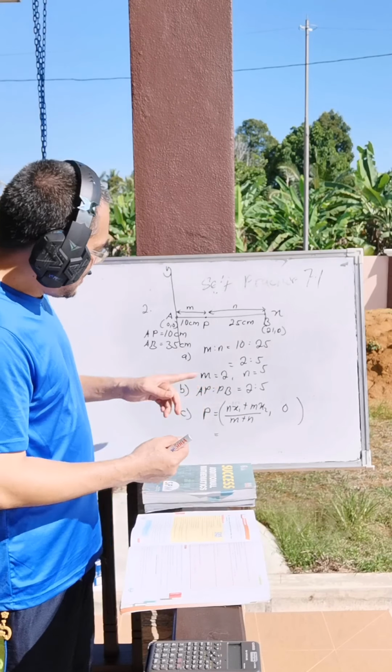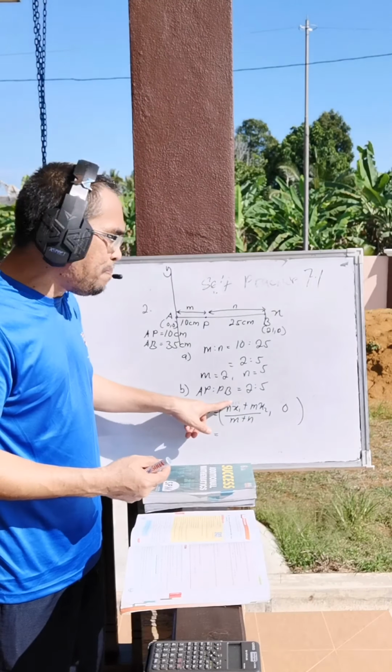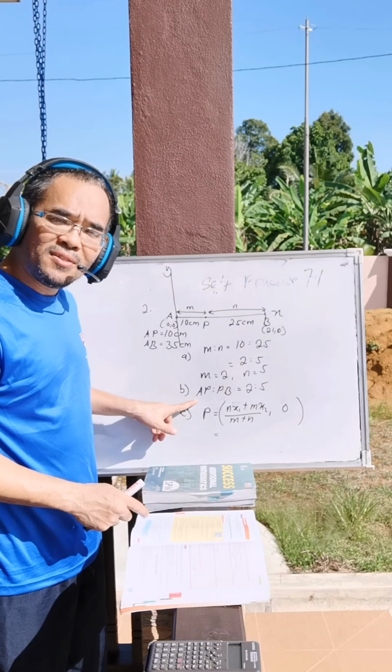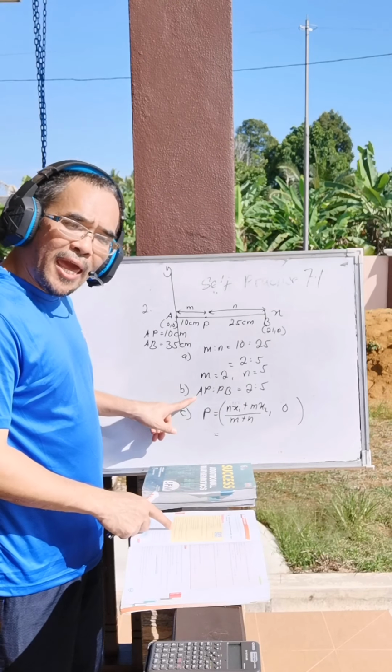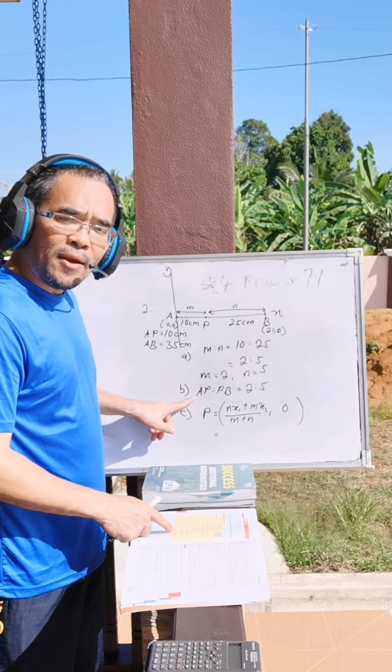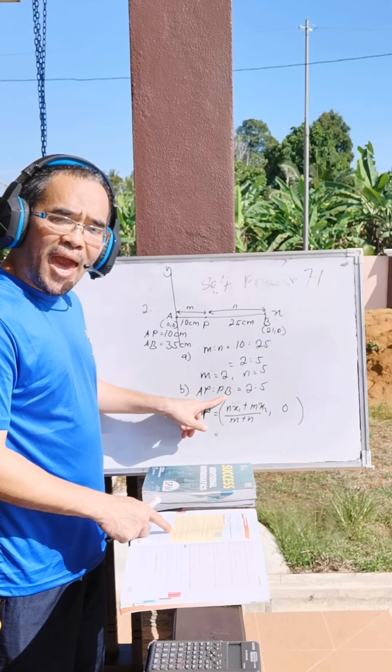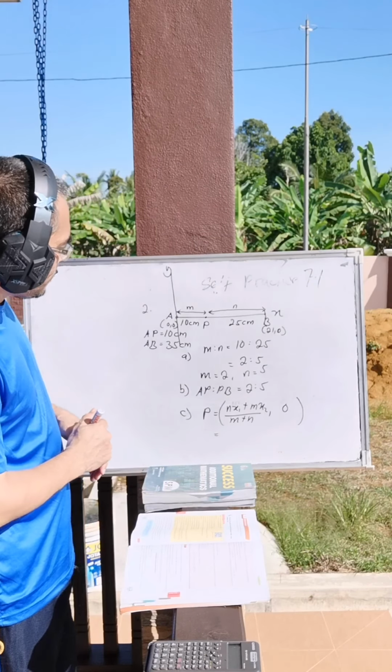How to decide that? Because it says here AP to PB, we mentioned A first. So A will be x1 and y1, B will be x2 and y2.